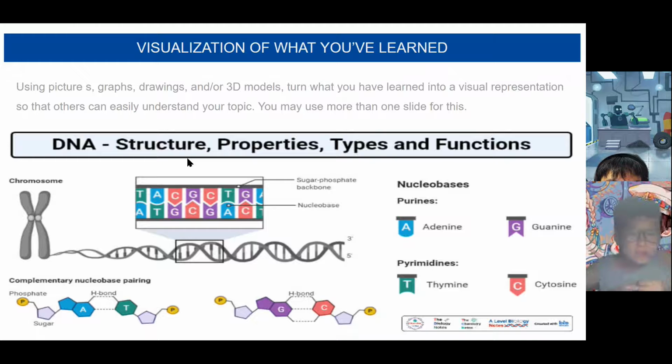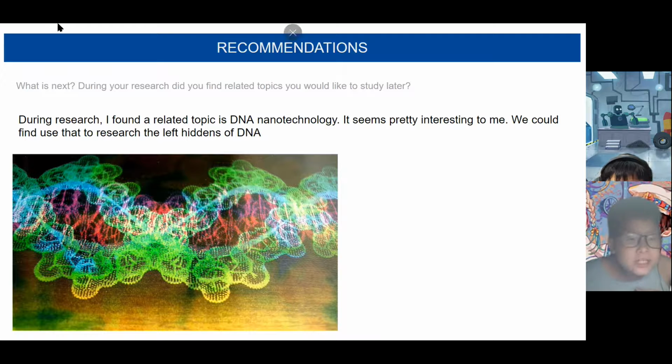This is a picture of the website that we used to research. As you can see here, there are a lot of chemicals and structures about DNA. And the recommendations: during the research, our team found a related topic called DNA nanotechnology.